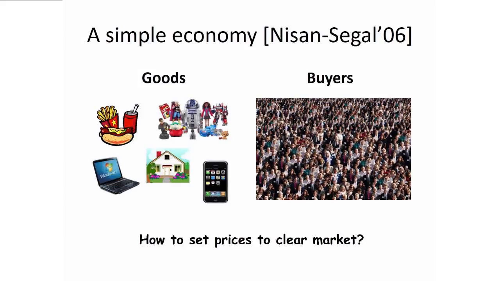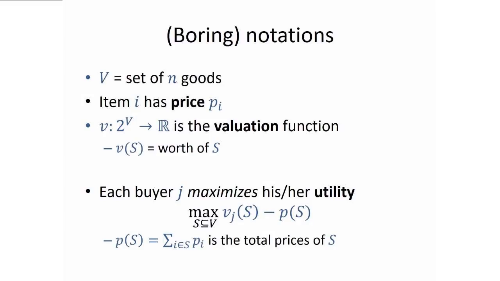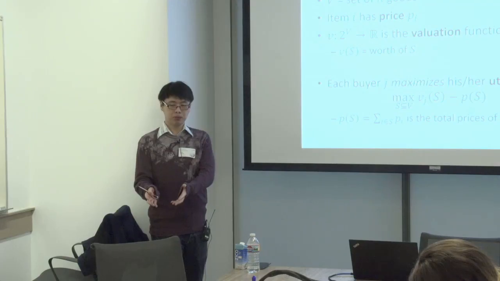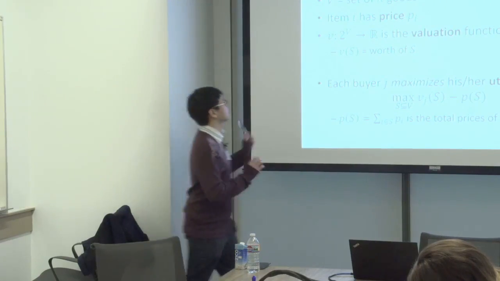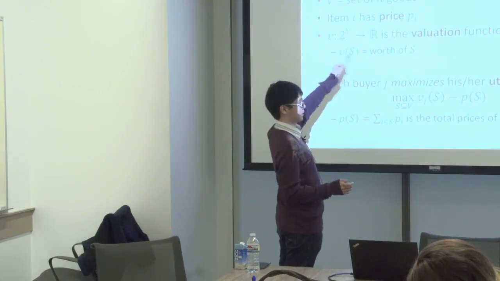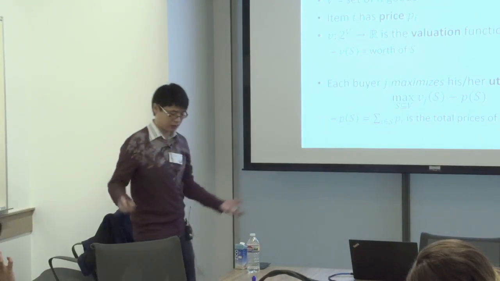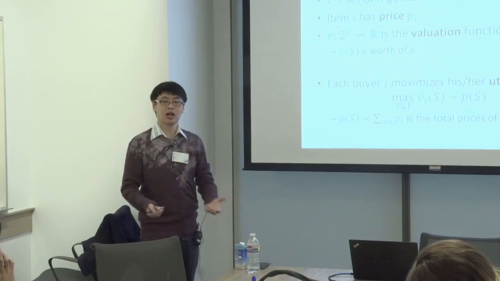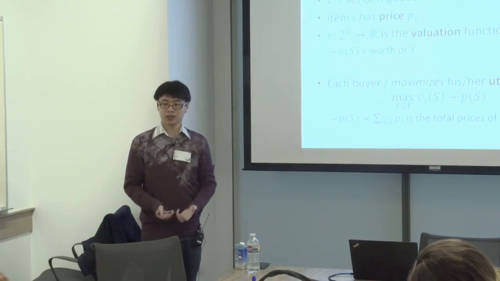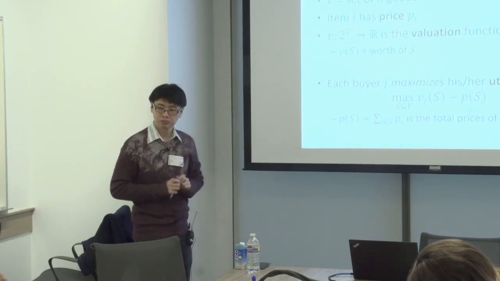And for the right-hand side, we have the people. Well, we are dealing with an economy, so it's important that we actually have access to the players in the economy. So we just model them by a very general valuation function. We have this function that specifies how much a bundle of items is worth to you.